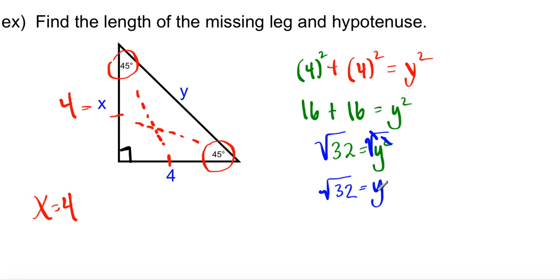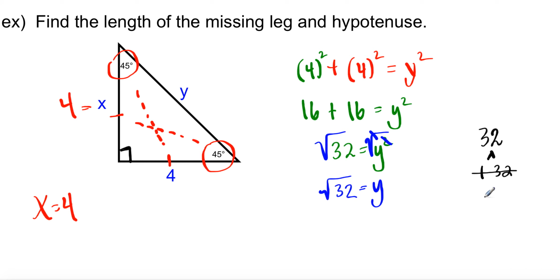Well, that's not a perfect square, but we can do some more work with it. We want to simplify that radical, which we also reviewed in a previous video. So let's go over here to the margin and talk about our factors of 32. Okay, if we just don't know our factors and we get kind of stumped, then we can just start with the lowest number. We can do 1, but that doesn't really get us anywhere because we already know 32 is not a perfect square.